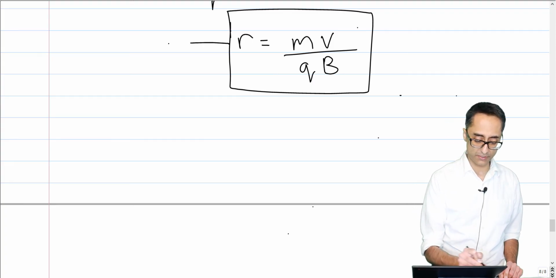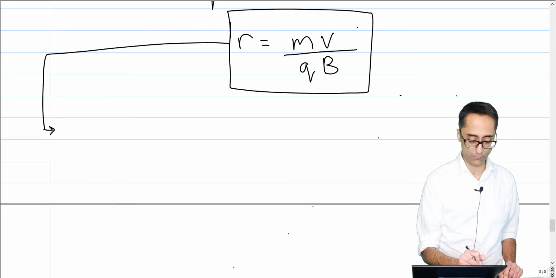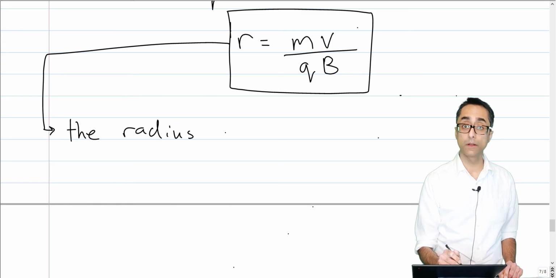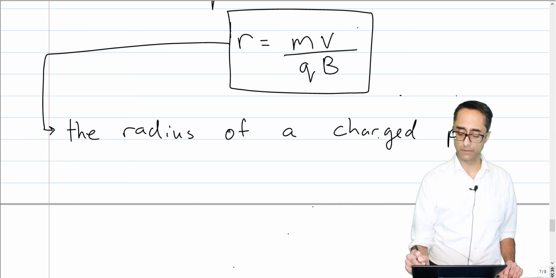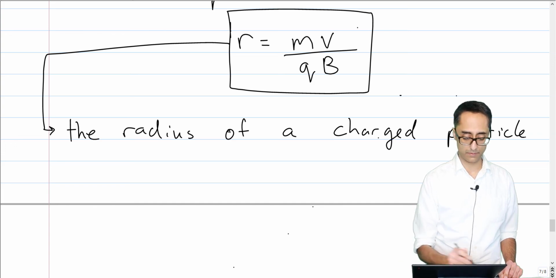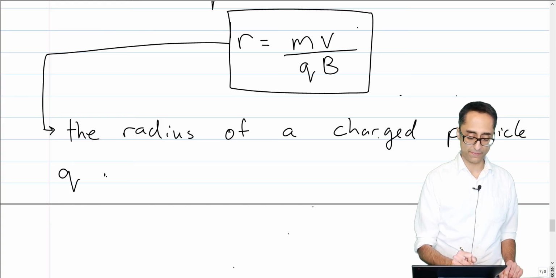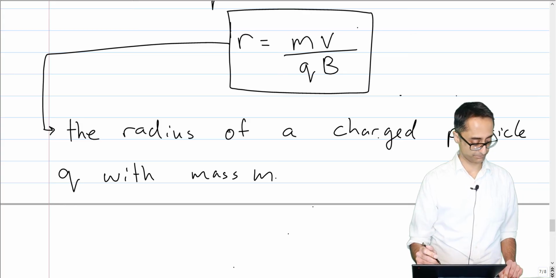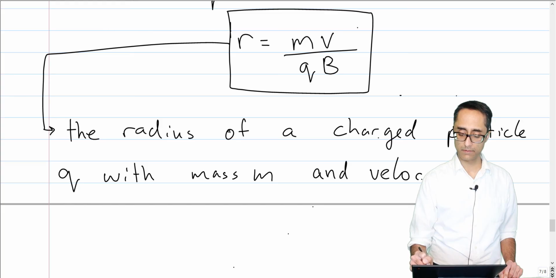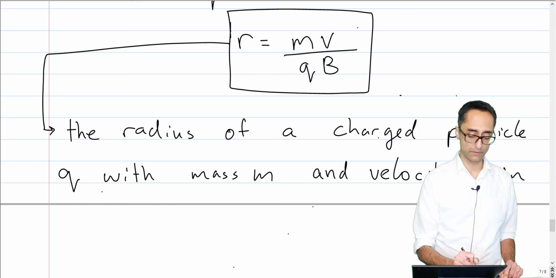So what this equation gives me is the radius of a charged particle q with mass m and velocity v in a magnetic field.